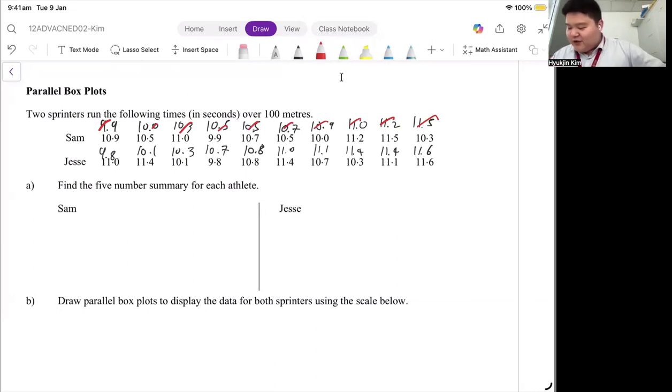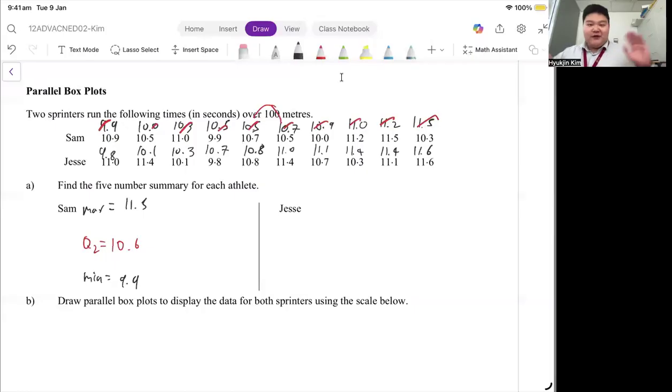This means we need to go for the middle of the two values. So Q2, which is the median, is 10.6. Now, from here, we do the max and min as well, just because we can, 11.5 and 9.9.